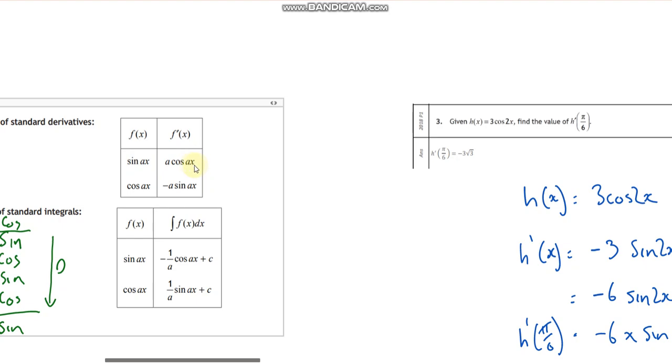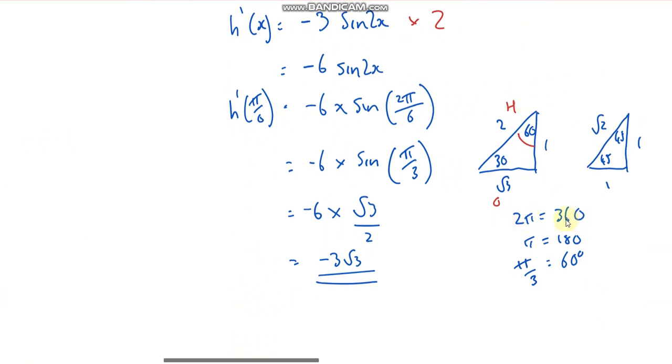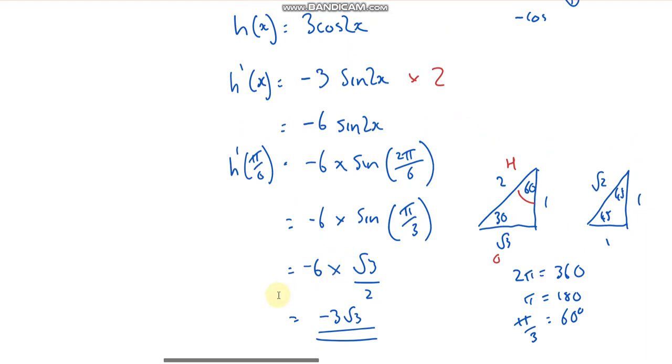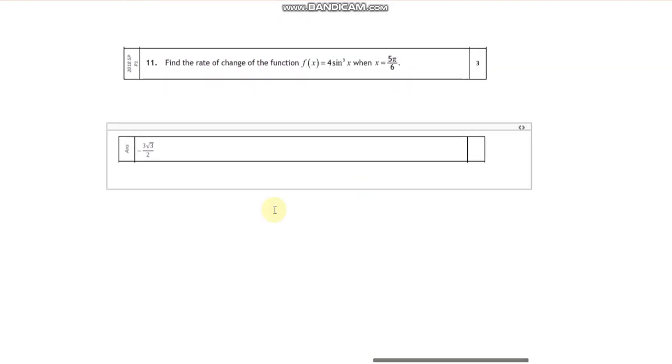If I've got 5x here, the differential of 5x is 5. And remember your radians, remember your triangles. I don't think I'll get the next one done. That might be too much. Let's see. I'll try. No, I won't. I'll put it in the next video. And this will be the last one.